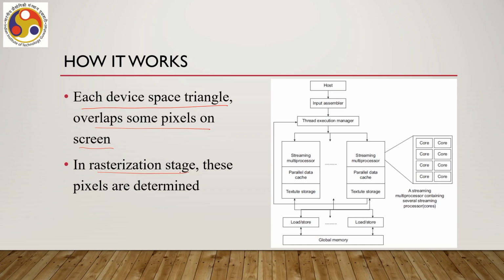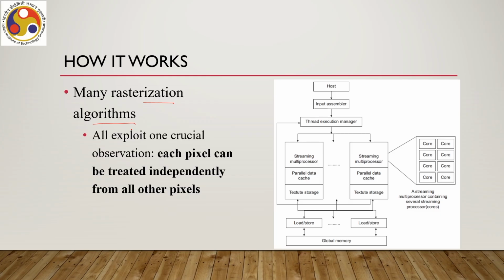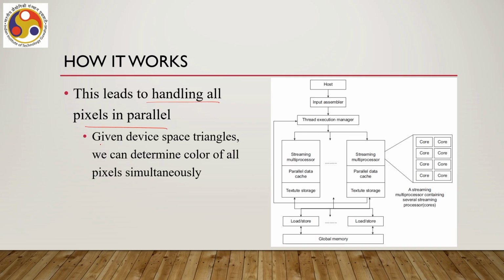In this rasterization stage, these pixels are determined, as we have discussed, stage 5. Now, there are many rasterization algorithms. All exploit one crucial observation, that each pixel can be treated independently from all other pixels. Again, that is inherent parallelism. So, this leads to handling all pixels in parallel. Given the device space triangles, we can determine the color of all the pixels simultaneously.